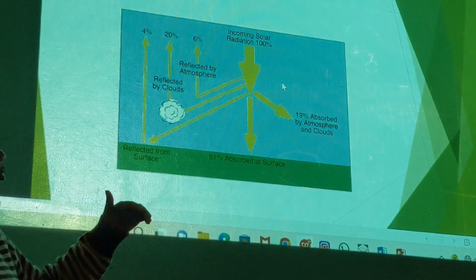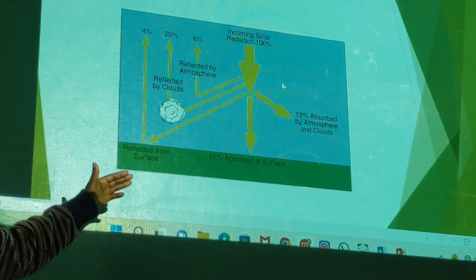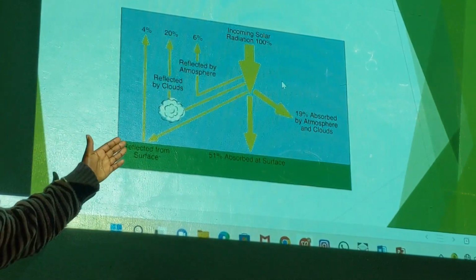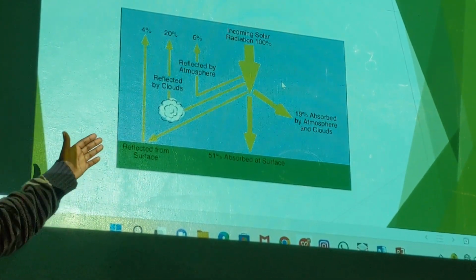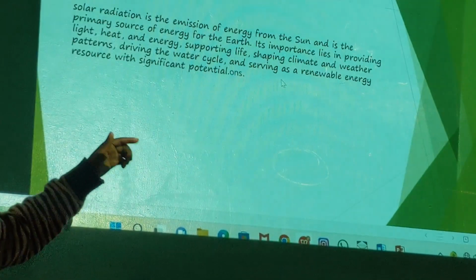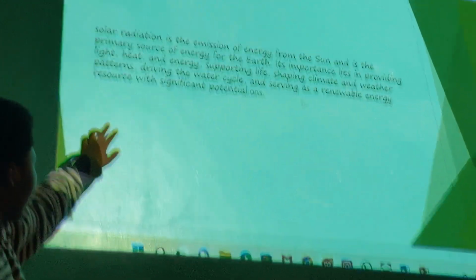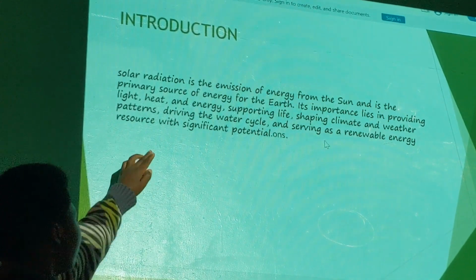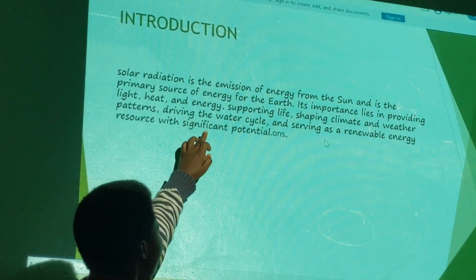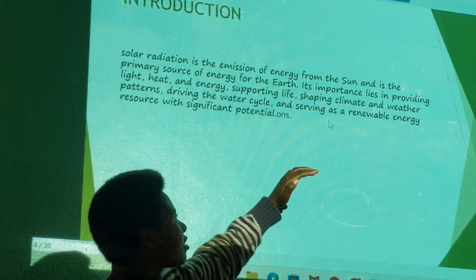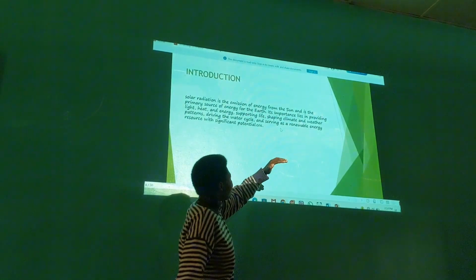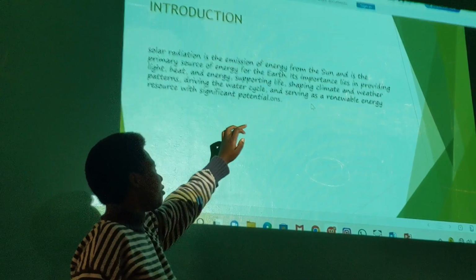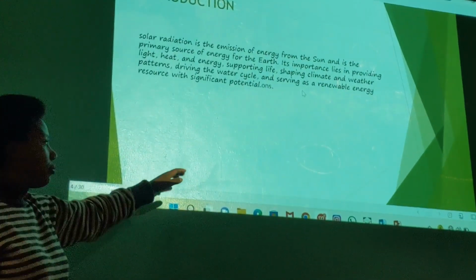Let me remind you that in the introduction, this diagram plays a big role in driving the water cycle and serving as a renewable energy resource with significant potential.